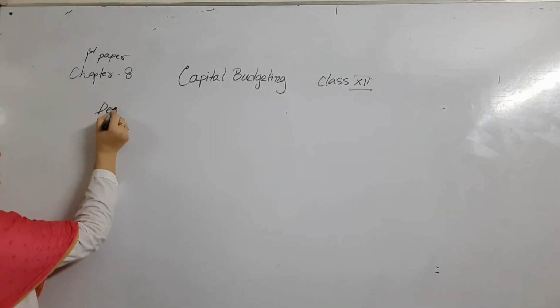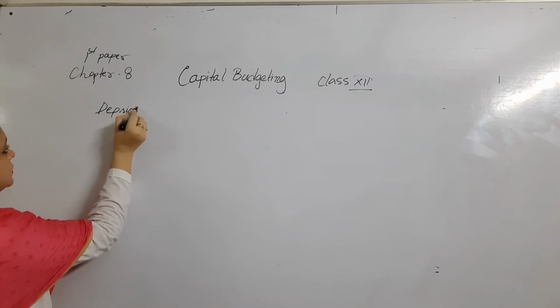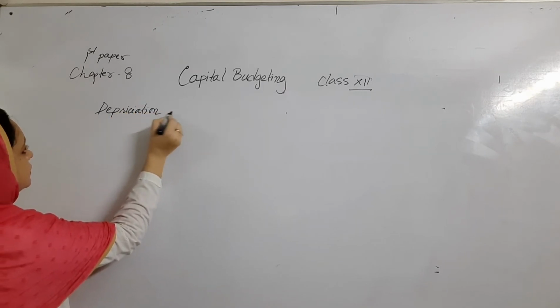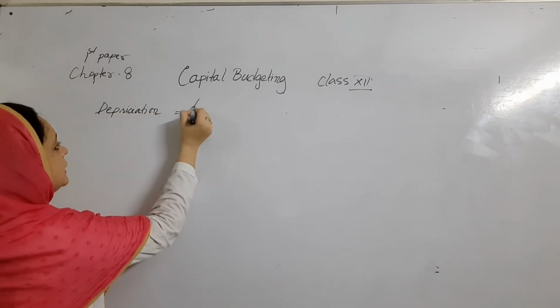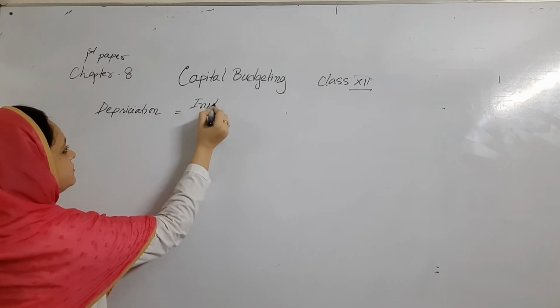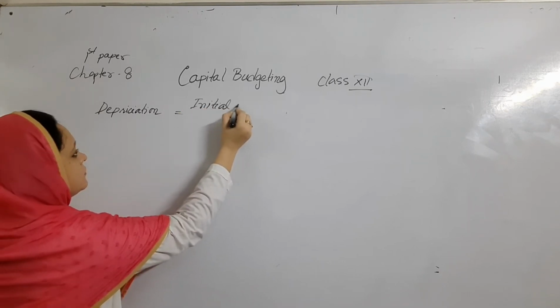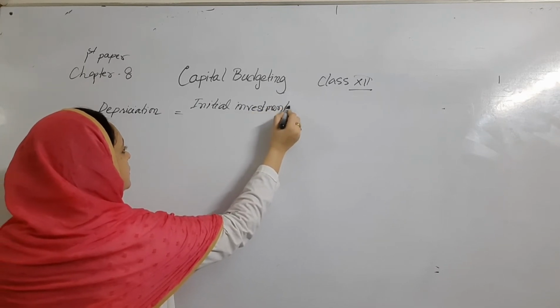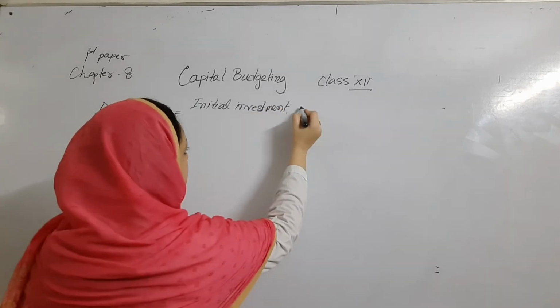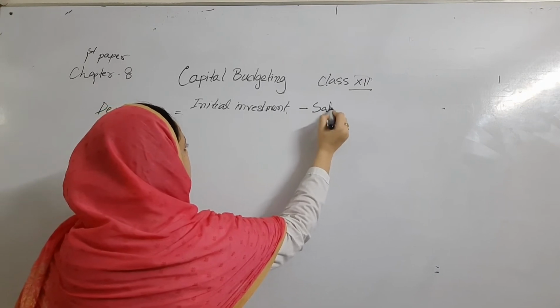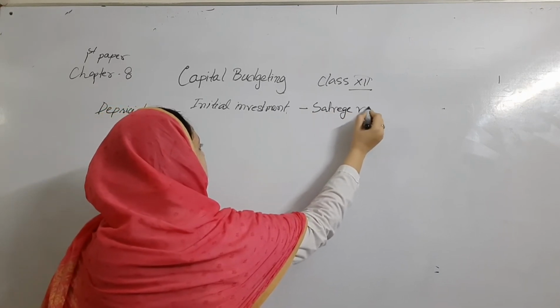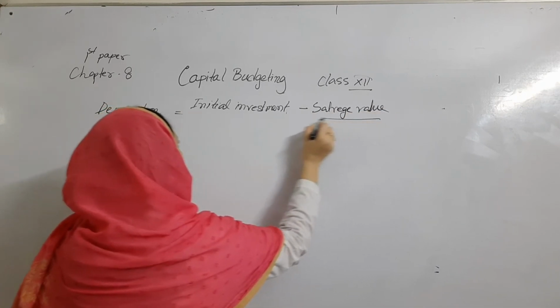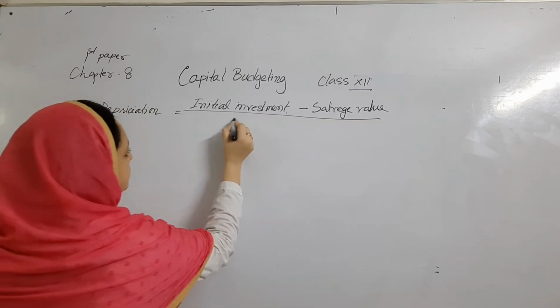The formula of depreciation: depreciation equals initial investment minus salvage value, divided by number of years.